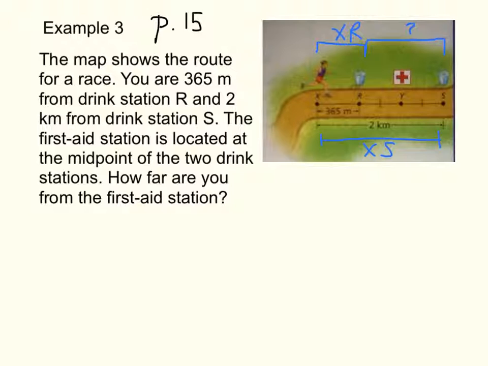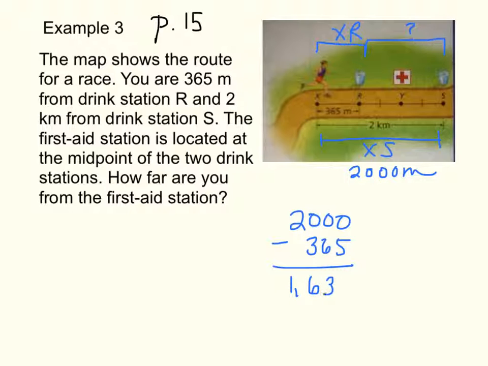Well, we first have to convert 2 kilometers into meters, which is 2,000 meters. So then we know that 2,000 minus 365 gives us 1,635 meters, which is the length of RS. So this right here is 1,635.